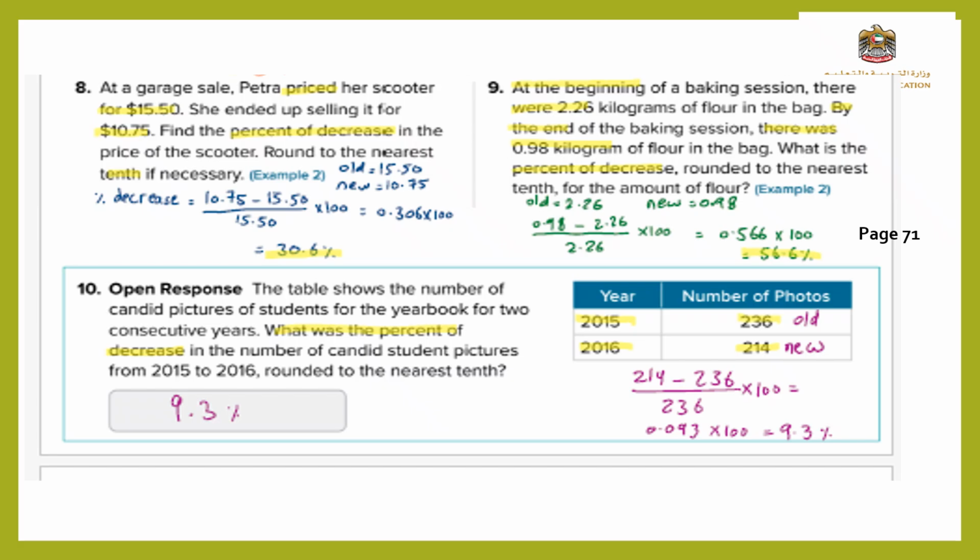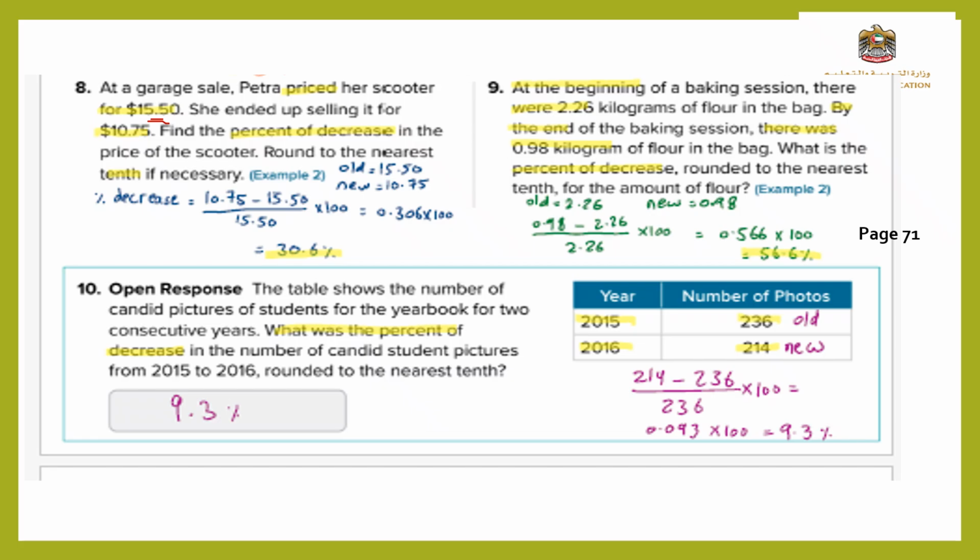This way or the other way you can do. Here they used integers, but 15.5 minus 10.75, subtract the other way. Then the old price, that means the expected price, 15.50, is the base. So when you subtract and divide, you will get 30.6 percent. Do the calculation, you will get 30.6 percent.